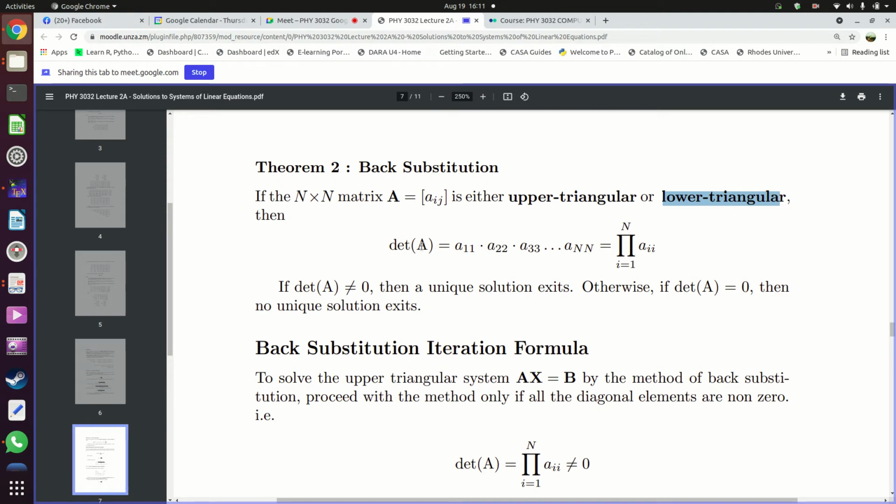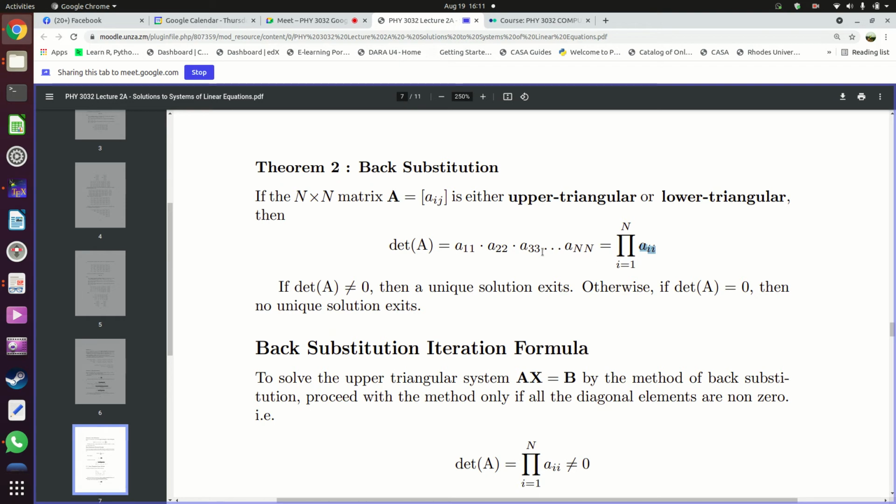So we're saying the determinant of A, which is an n by n matrix that turns out to be an upper triangular matrix or lower triangular matrix, can be found by multiplying the diagonal elements: A11 multiplied by A22 multiplied by A33 multiplied by ANN. Basically, this is how you write a product of the diagonal elements from i equals 1 to n.